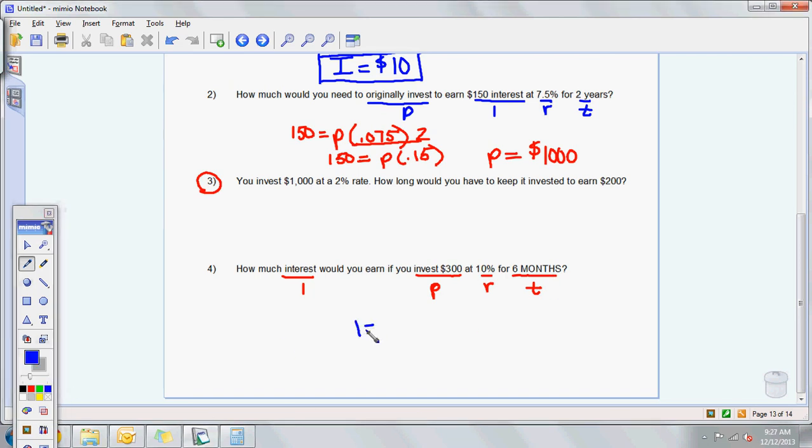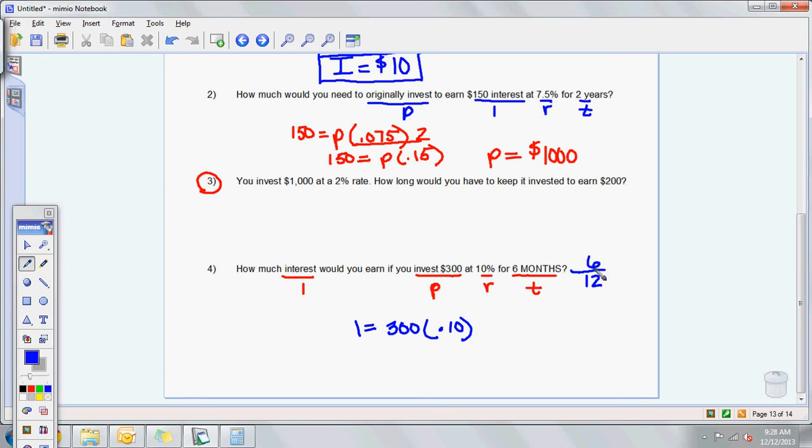So I equals, my P is $300. My rate is 10%, so 0.10. Now 6 months. If you remember, time always has to be in years. So if it's not in years, you have to figure out how many months it is out of 12 total months in a year.